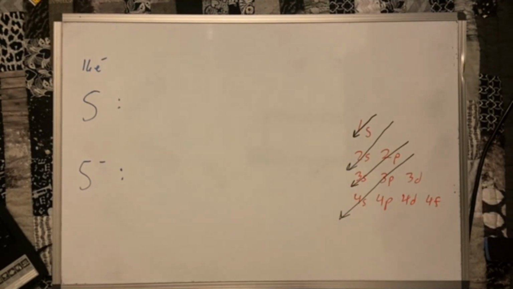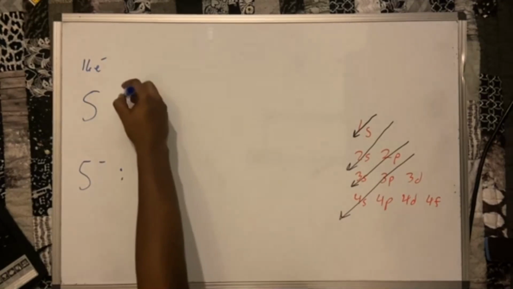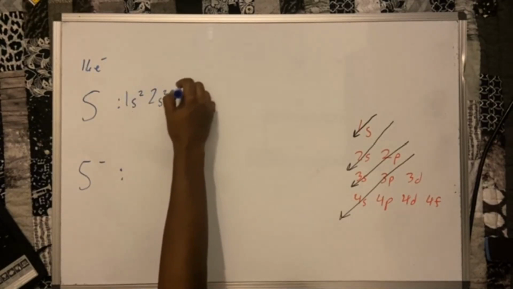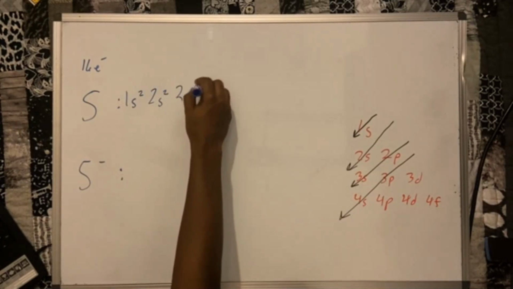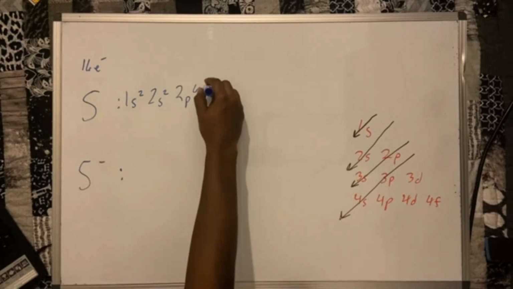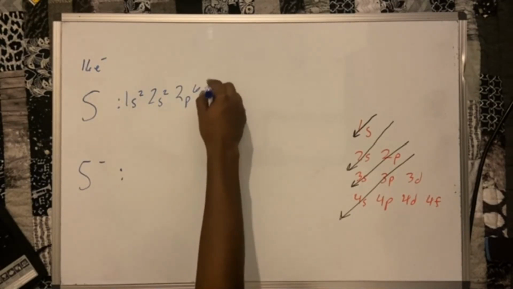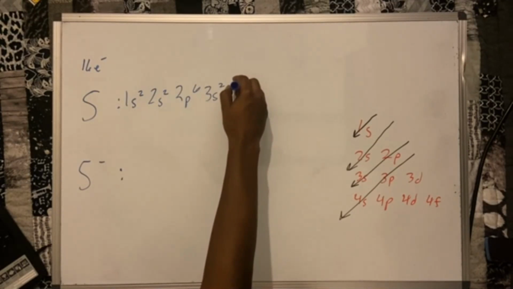So we got 16 electrons to put in places. I got 1s2, so that's 2, 2s2, 4, 2p6, it's 10, 3s2, that's 12, and then 3p4.